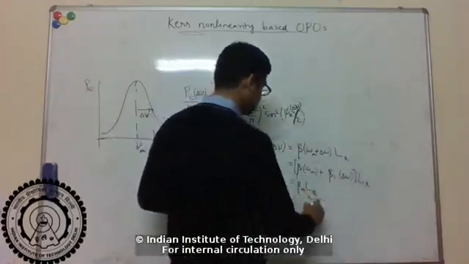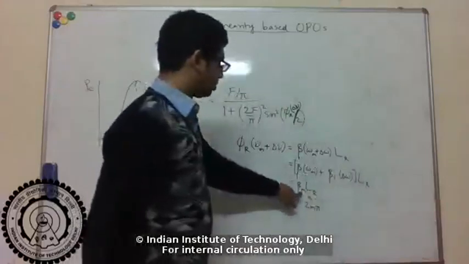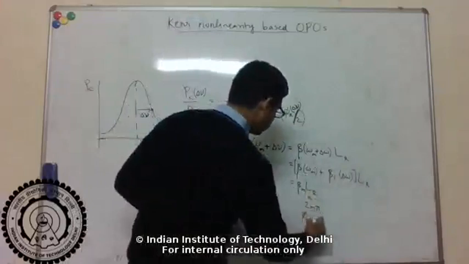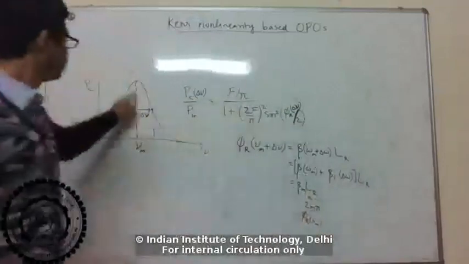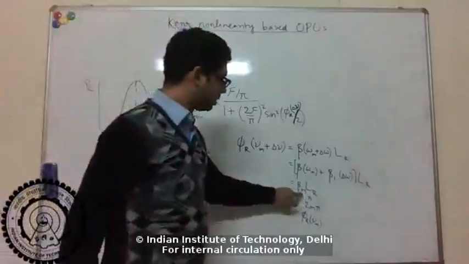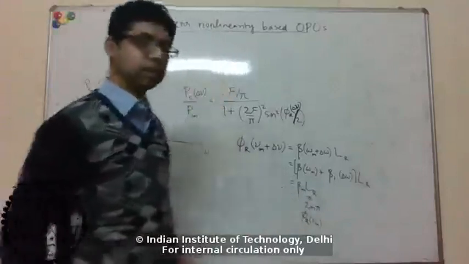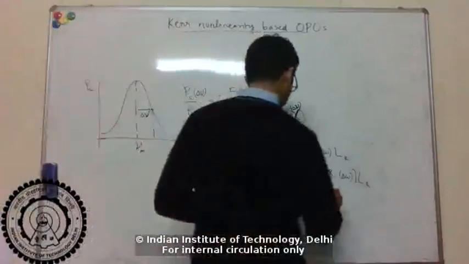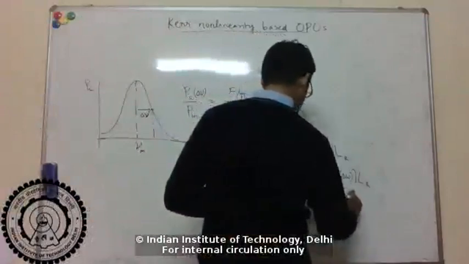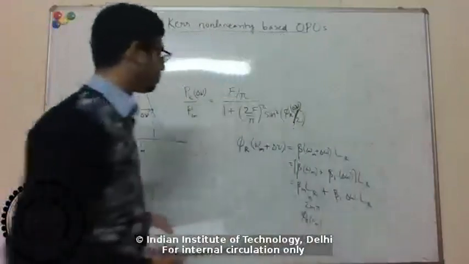This we know is 2m pi, right? Because this is basically the resonance at nu m, that's the center frequency here. So by definition, the round trip phase is 2m pi, right?